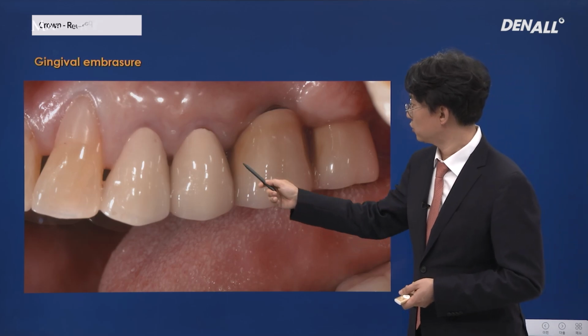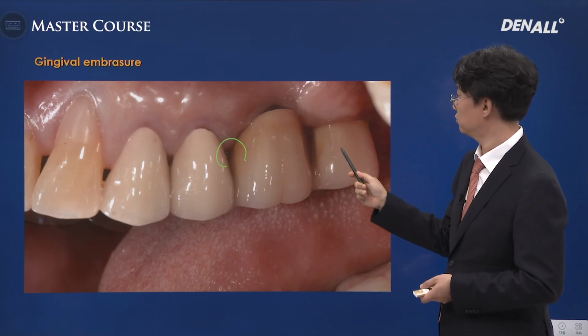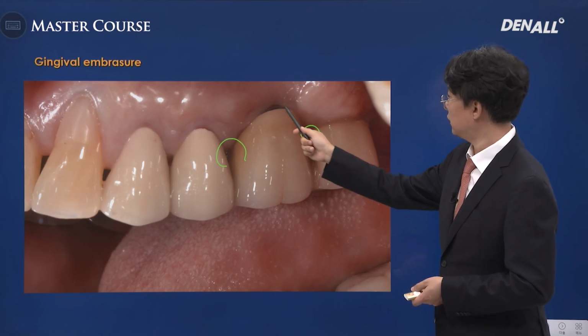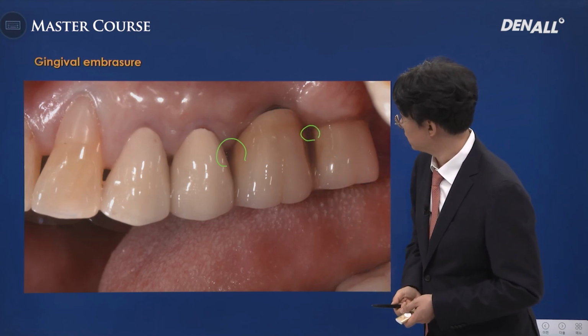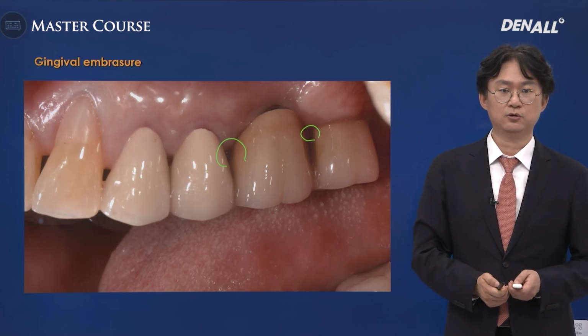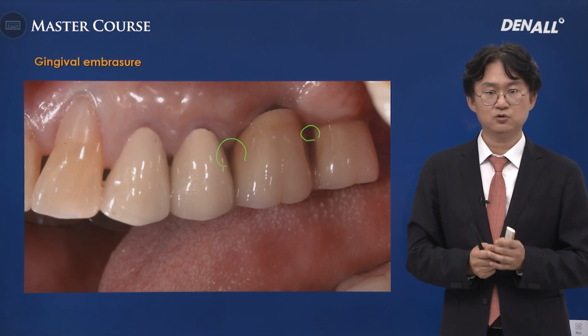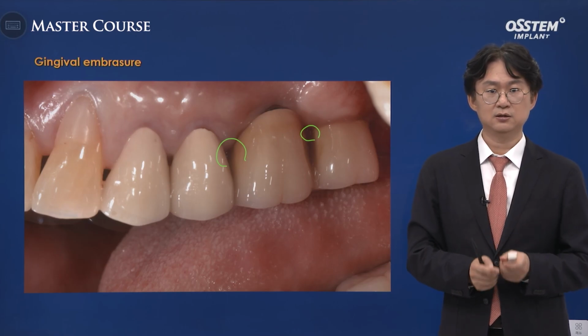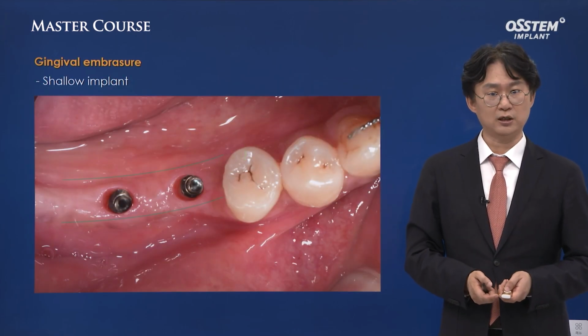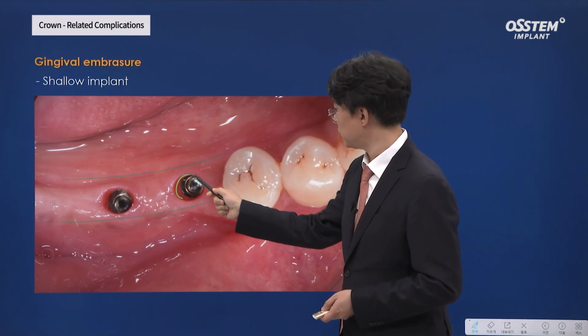About 5 years later, and after about 6 months, these are naturally filled. Over time, a little bit of a recession occurred, but they are used without a problem. At the beginning, if we try to block the embrasure too much, it would not be very good. So we need to provide a breathing space.